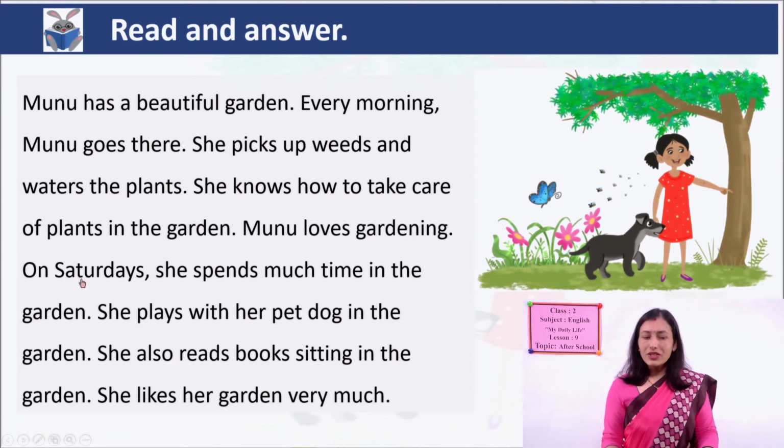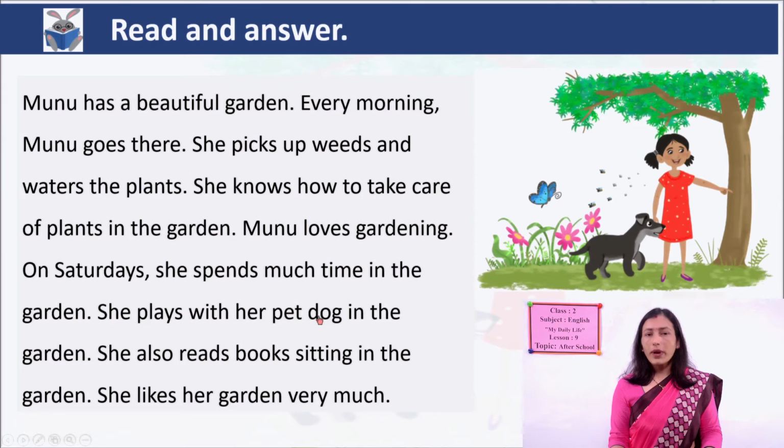On Saturdays, she spends much time in the garden. She plays with her pet dog in the garden. She also reads books sitting in the garden. She likes her garden very much.